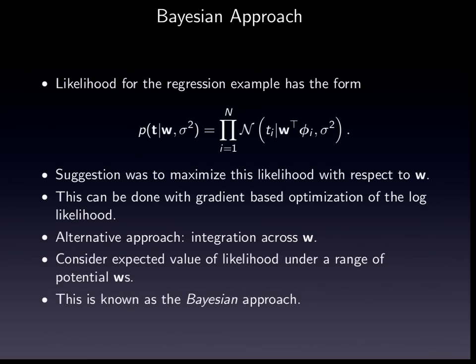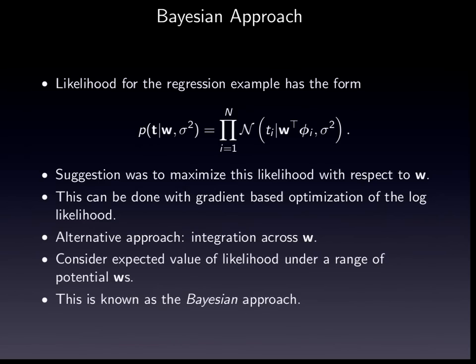When I ask you to do this in the exam, what's the first thing you'll think when I say find the minimum? Differentiate. Yeah. The opposite of integration. So you differentiate because you're trying to find a minimum. In the Bayesian approach, you integrate.